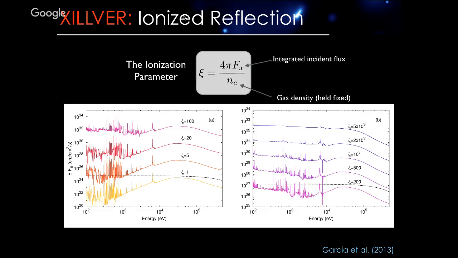You don't need to understand the details, but obviously the larger that ionization parameter, the more ionized the gas will be. So you see the changes in the spectral features as you increase the ionization. This can be done by increasing the flux or just decreasing the density.